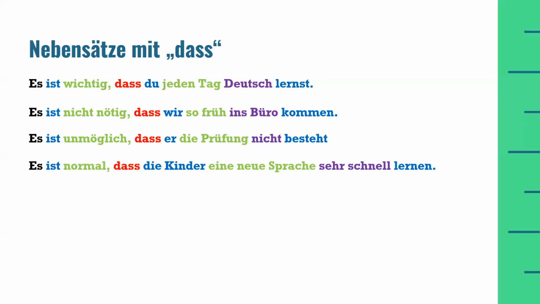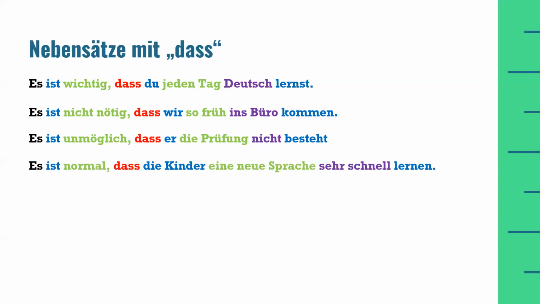It's impossible that he doesn't pass the exam. Es ist normal, dass die Kinder eine neue Sprache sehr schnell lernen. Es ist normal, it's normal. What is normal? Then we have to use a Nebensatz, and in this situation, the Nebensatz will start with dass, and then comes the subject of the sentence, which is die Kinder, eine neue Sprache.